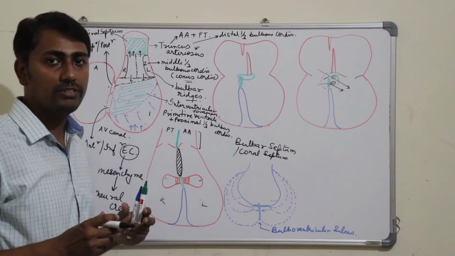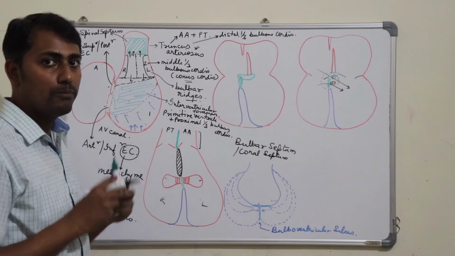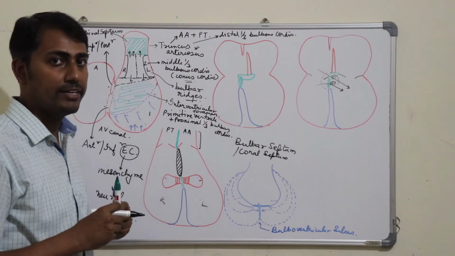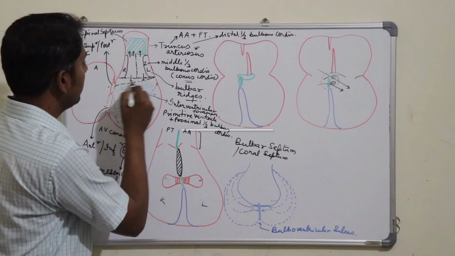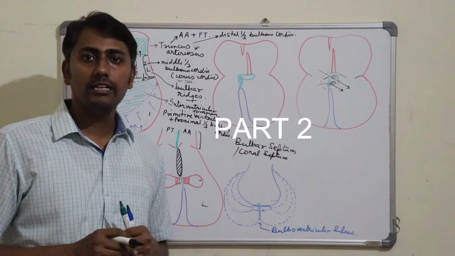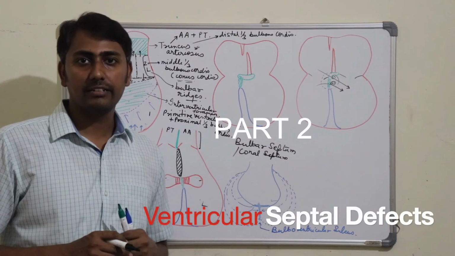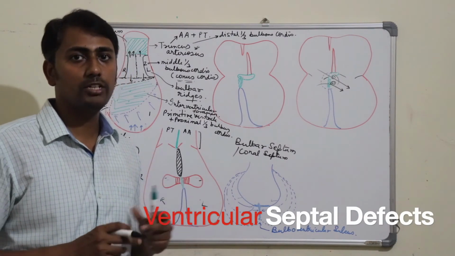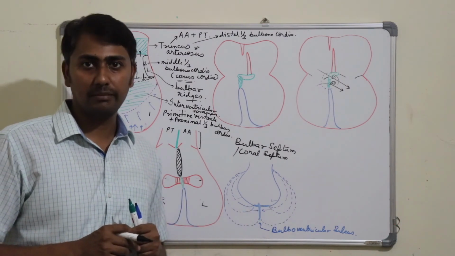Also, division of the outflow part of both the right and left ventricle will be formed by the bulbar septum. Now we will discuss the ventricular septal defect based on the development of the interventricular septum.